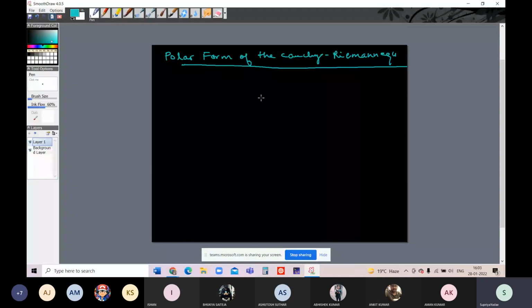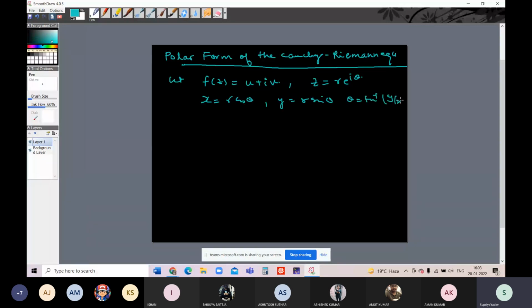Suppose that we have an analytic function f(z) whose real and imaginary parts are u and v. So when z is represented in polar form, r e^(iθ), where x is r cos θ and y is r sin θ, and this θ can also be written as tan inverse y by x, and r is under root x square plus y square.